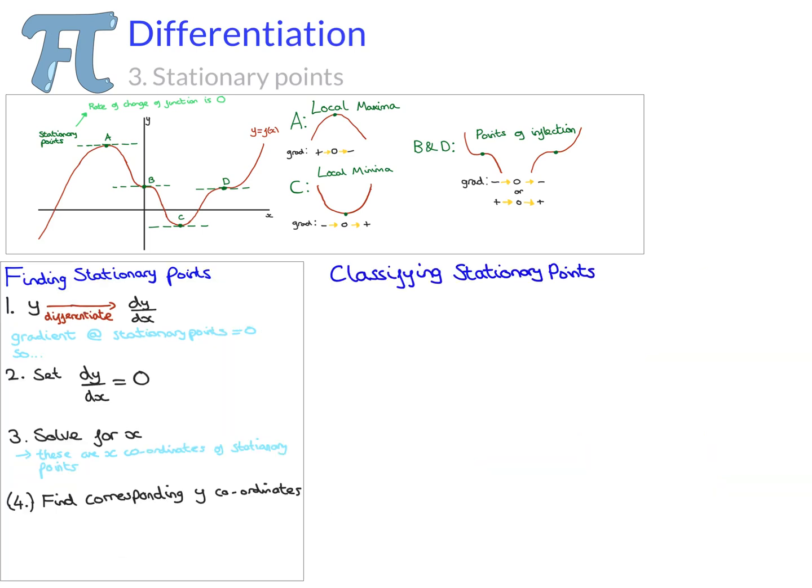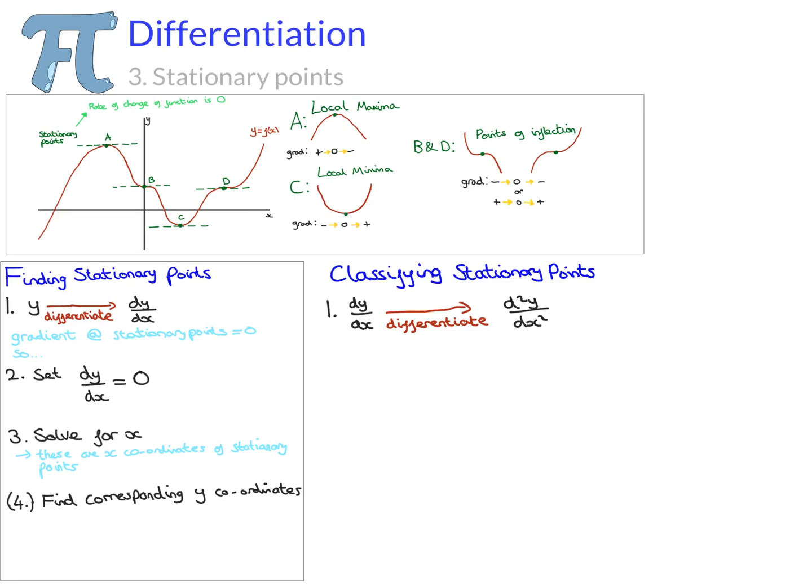You might then be asked to classify these stationary points, which means to deduce whether they are local maxima, local minima, or points of inflection. I will first state how to do this and then explain why it is the case. The way to classify stationary points is to take the dy/dx function that you'd already calculated and differentiate it again.